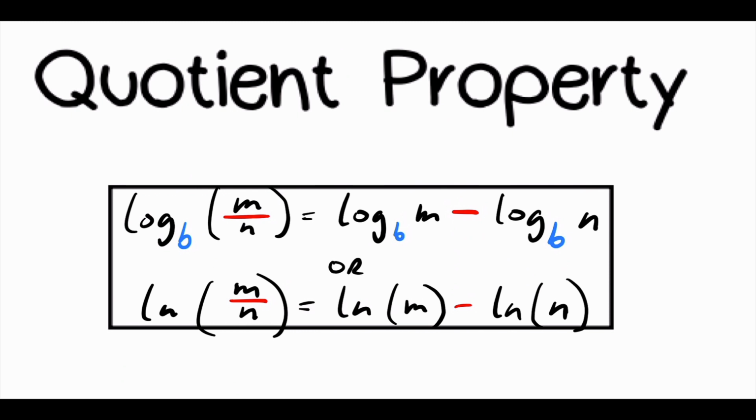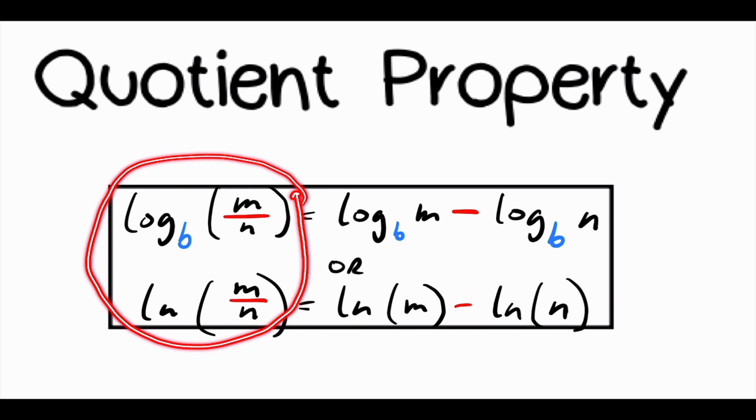Quotient and product are exactly the same. The only difference is product has multiplication and addition. Quotient has division and subtraction. That's the only difference between those two. Addition goes with multiplication, subtraction goes with division. Okay? So these guys are the condensed versions.